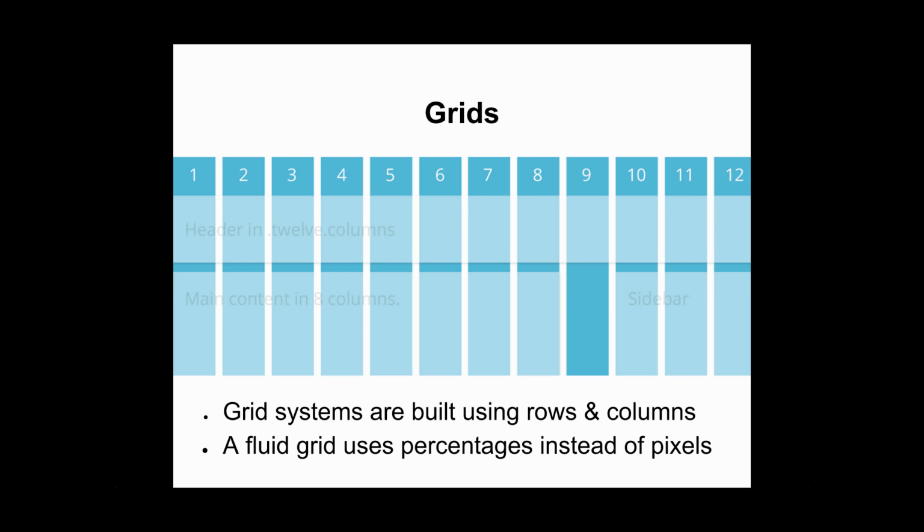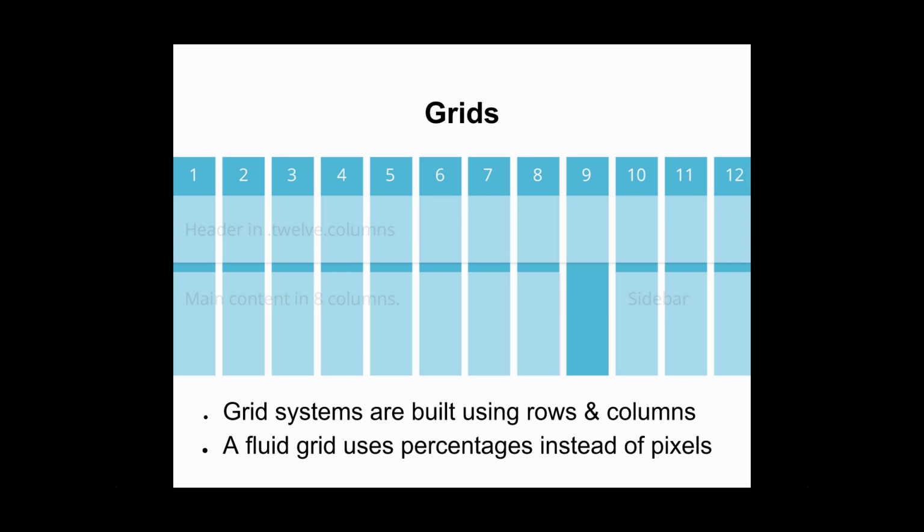For example, in this example we have a 12-column grid system, and I can say I want my header to be 12 columns wide, my main content section to be 8 columns wide, and my sidebar to be 3 or 4 columns wide. And the beauty of using a fluid grid system is that you use percentages versus pixels to measure the dimensions of your grid system or regions on your website.